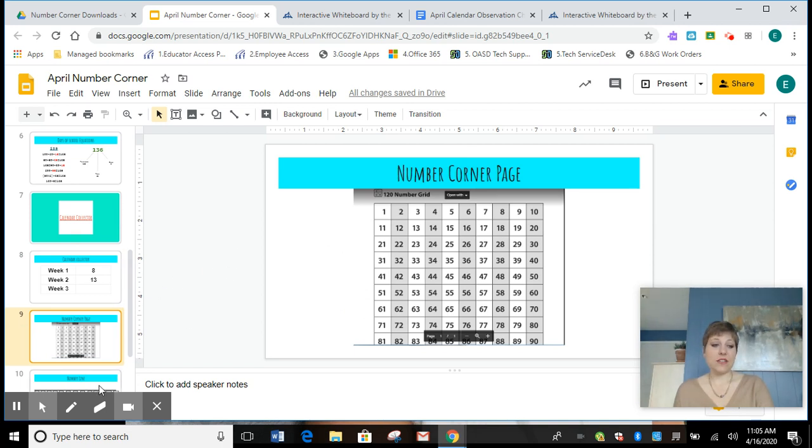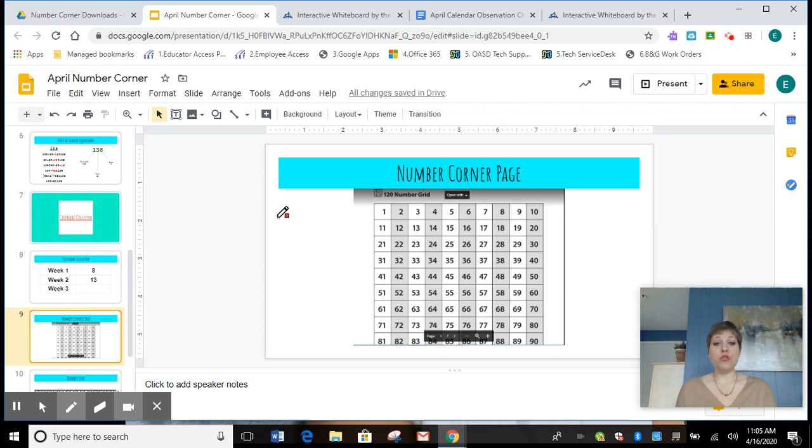The last thing I want to talk to you about, first graders, is this number corner page activity you're going to find on Seesaw. You're going to have some equations to solve, and you're going to be circling your answers with different colors. Now, for this game, we are always going to be either adding or taking away groups of 10 or adding and taking away groups of 1.